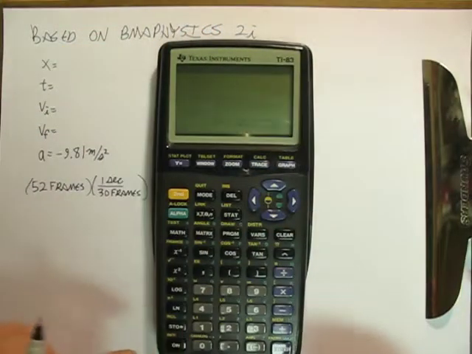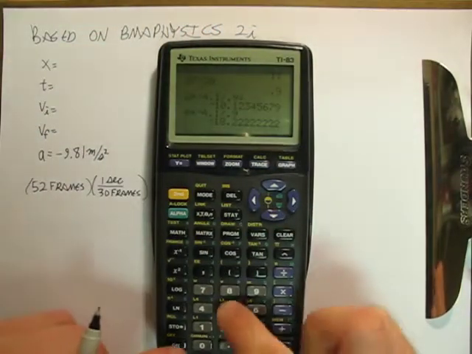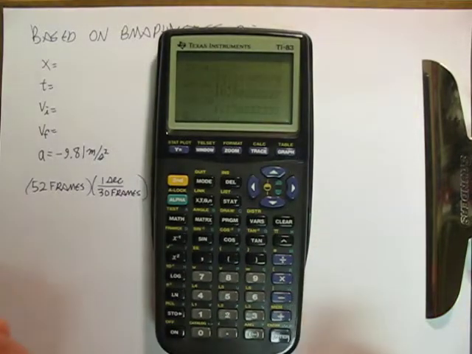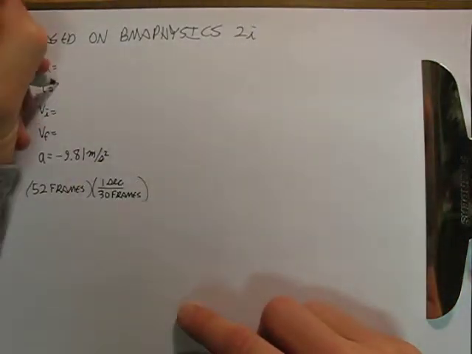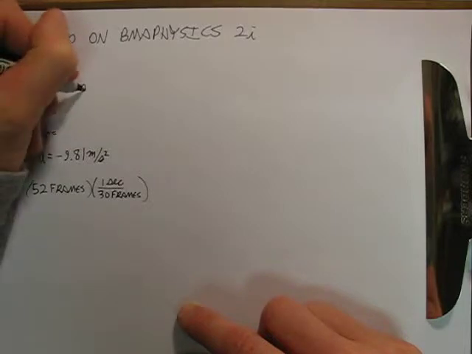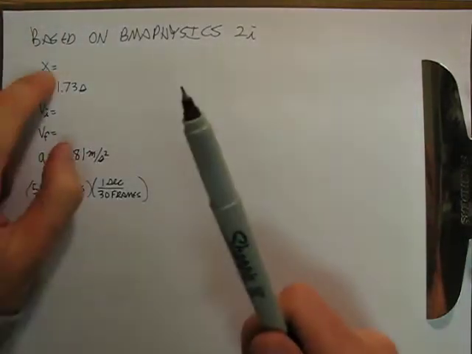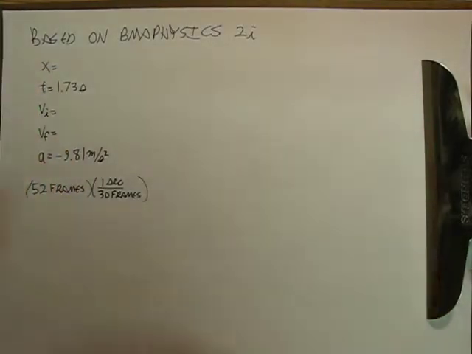So my time is going to be 52 divided by 30, which is 1.73 seconds. Time is 1.73 seconds.